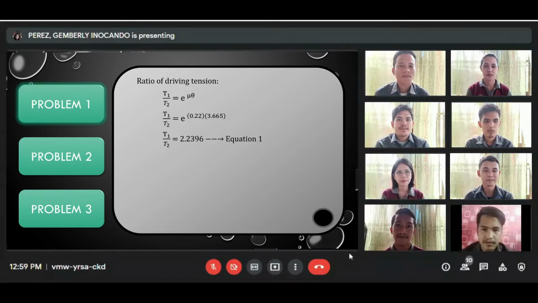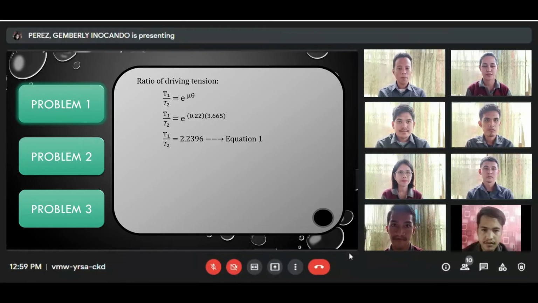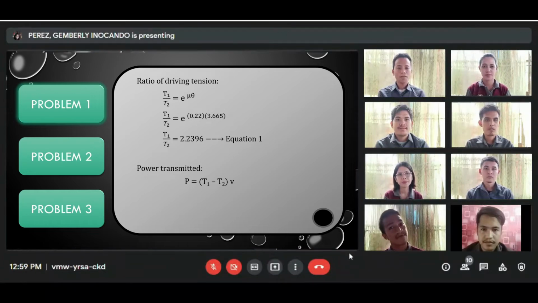For the following solution, it will be discussed by Mr. Messias Plaza. After we get the velocity and the ratio of driving tension, next we have to get the power transmitted. The formula is P equals open parenthesis T sub 1 minus T sub 2 close parenthesis times V, or velocity.